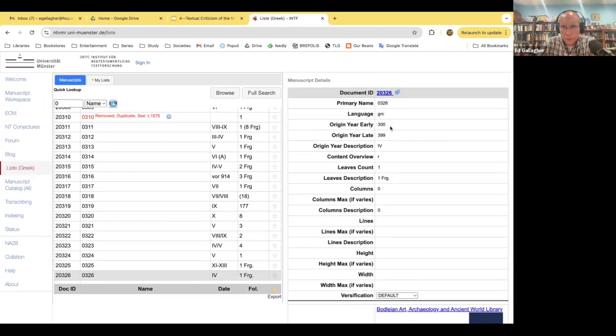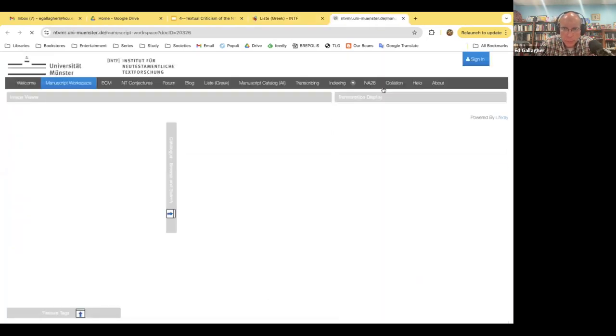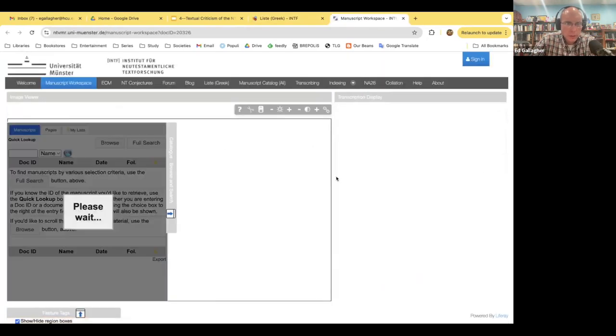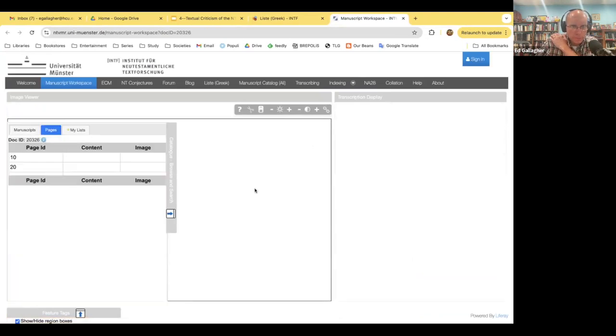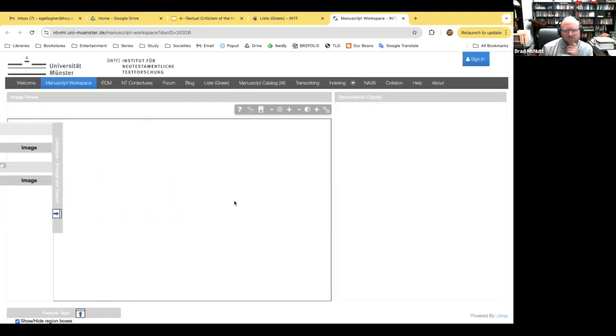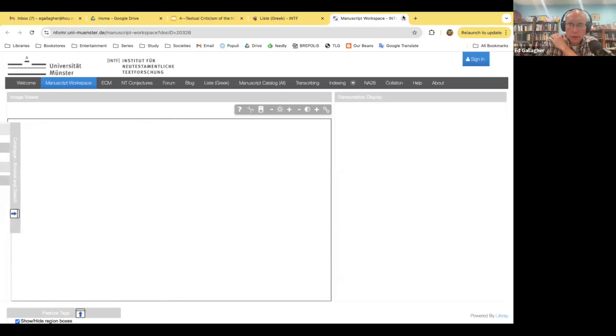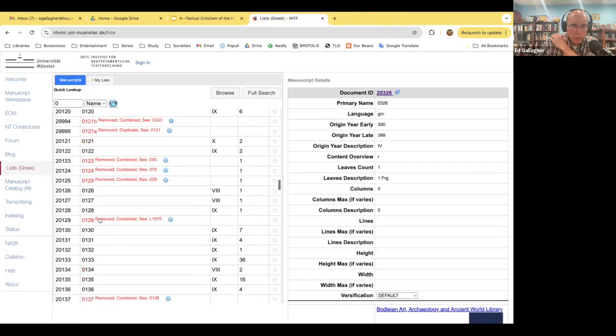Let's see, they're dating it to the 4th century. We might be able to take a look at it. Let's see. Do they give us pictures of this one? Not yet. I don't see any pictures. No, not much there. But we can go to another one.